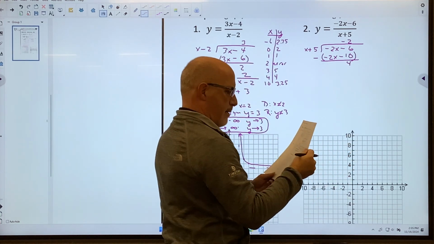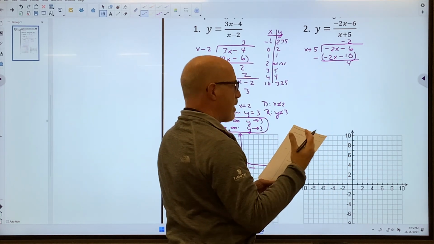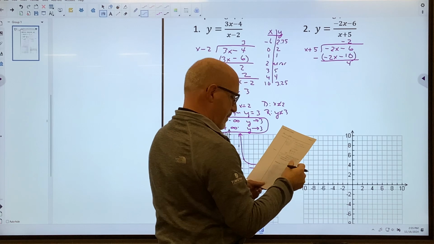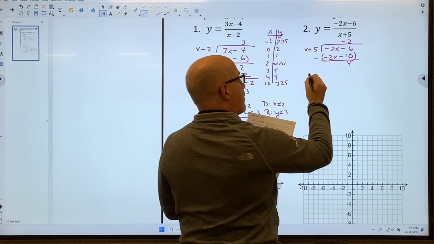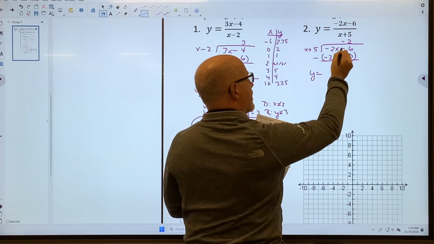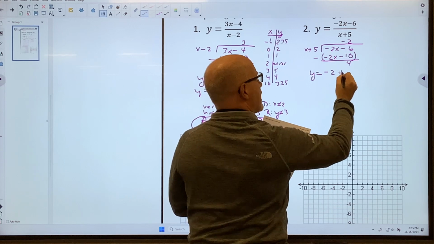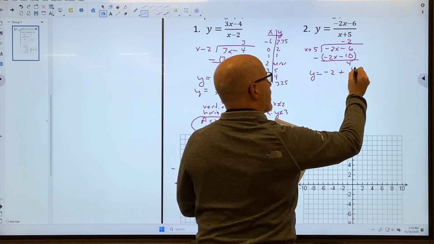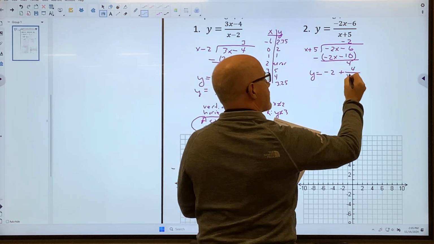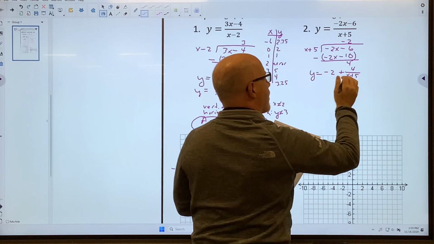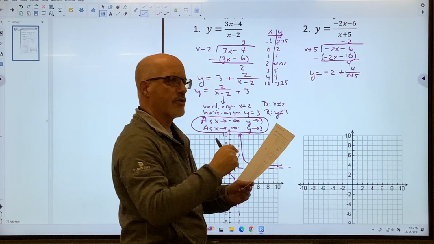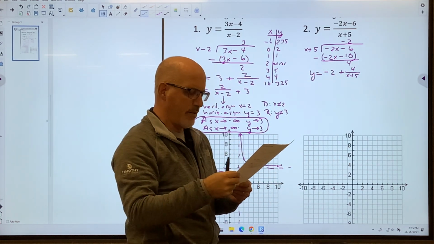So when I write this fraction out in the form that I've got it here, it's going to be y equal to negative 2 plus 4 over the divisor x plus 5. Now, like I mentioned before, I can leave it this way. I don't have to switch it back like I did before.